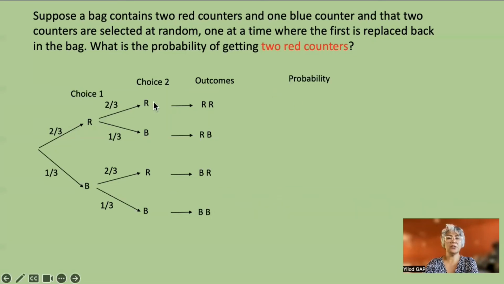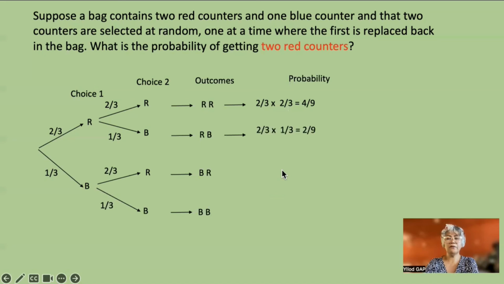So the probability of these two R's here would be 2/3 for the first choice and 2/3 for the second choice. So 2/3 times 2/3 equals 4/9.